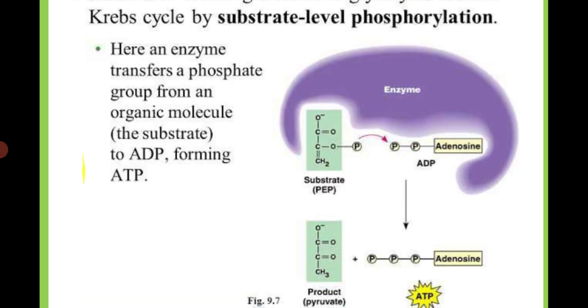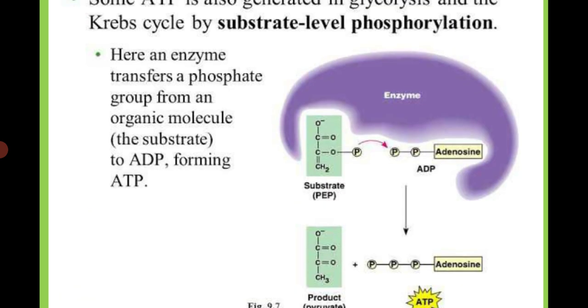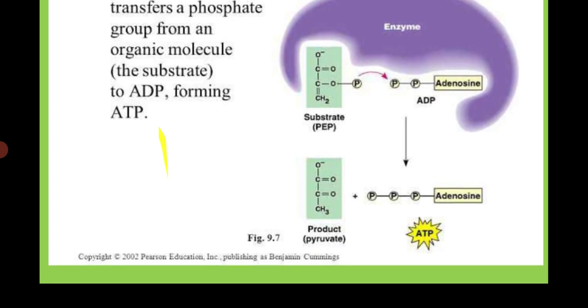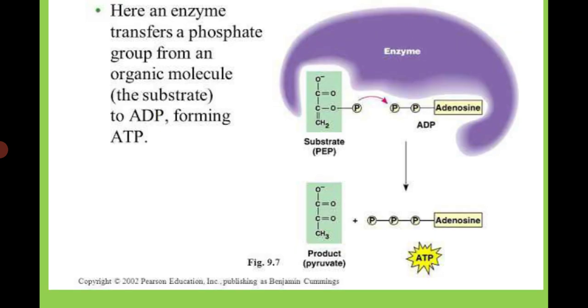Here in this image, one inorganic phosphate from the substrate is accepted by ADP, and ADP gets converted into ATP. This is called substrate level phosphorylation. In this image, phosphoenolpyruvate gets converted into pyruvic acid, and one inorganic phosphate is accepted by ADP and leads to the formation of ATP.